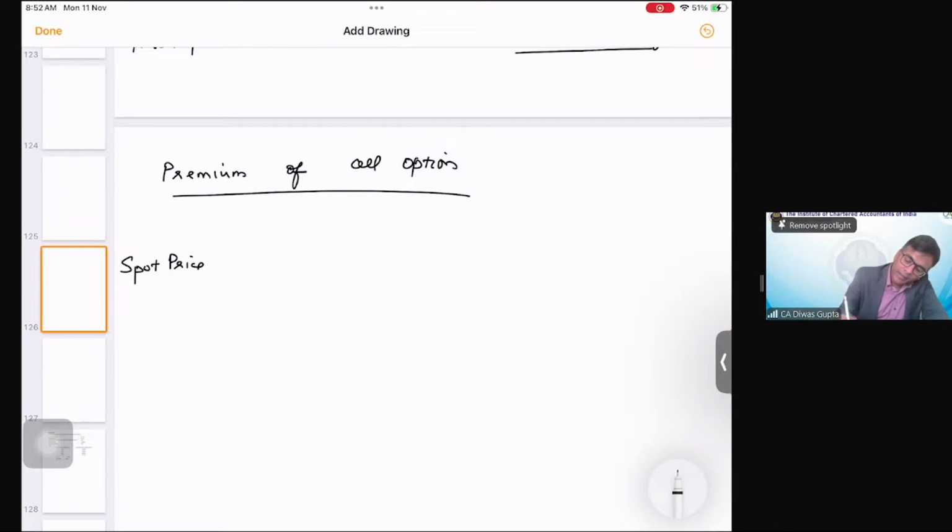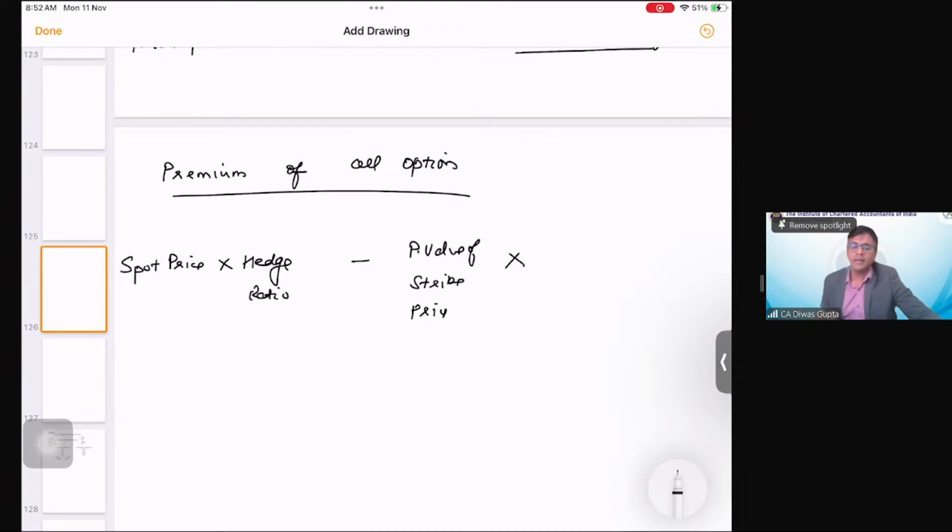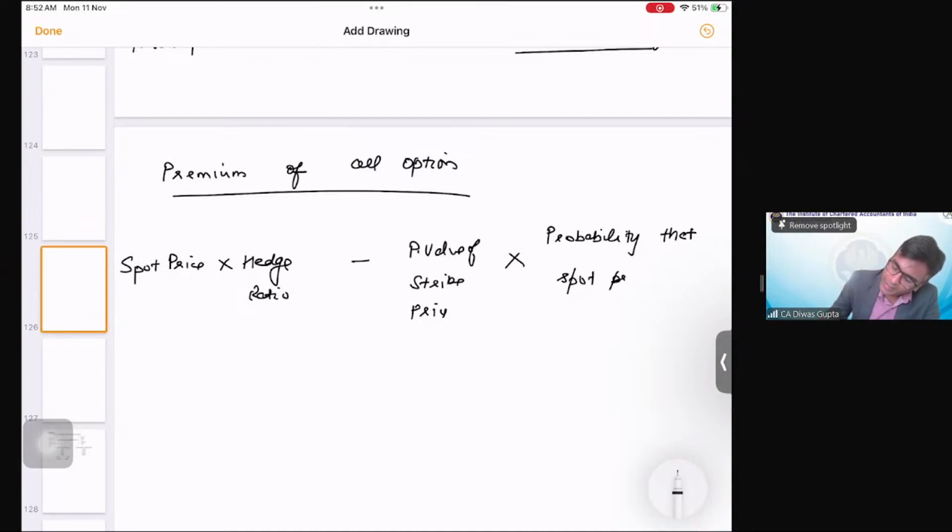Spot price multiplied by hedge ratio minus present value of strike price multiplied by probability that spot price on expiry is higher than strike price.